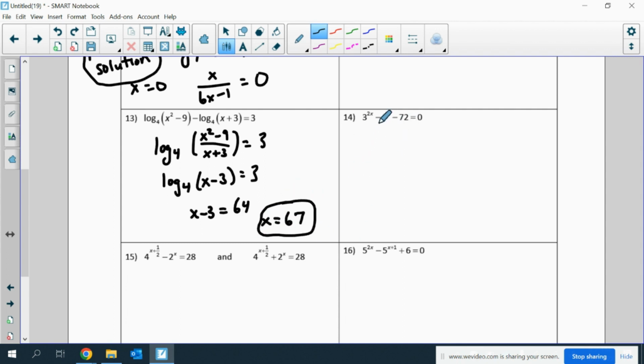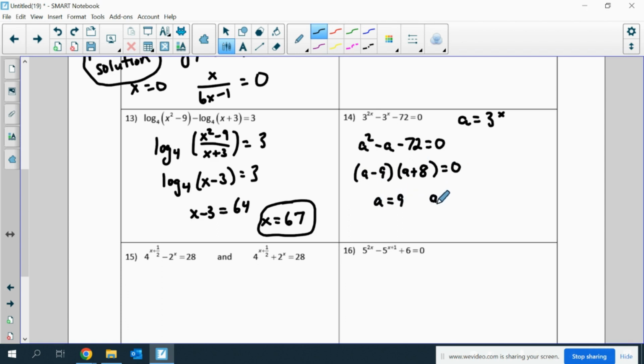The last 3 problems are really just factoring problems. So if I make a equal 3 to the x here, I have a squared minus a minus 72. You don't have to do this substitution, but sometimes it's easier for people to see when we do that. So I have a minus 9 times a plus 8.